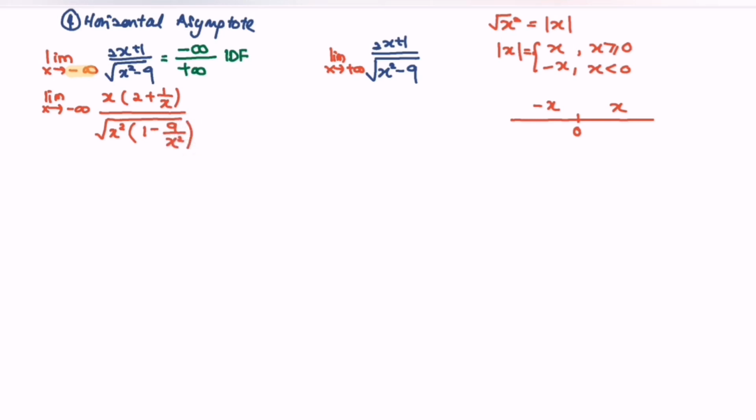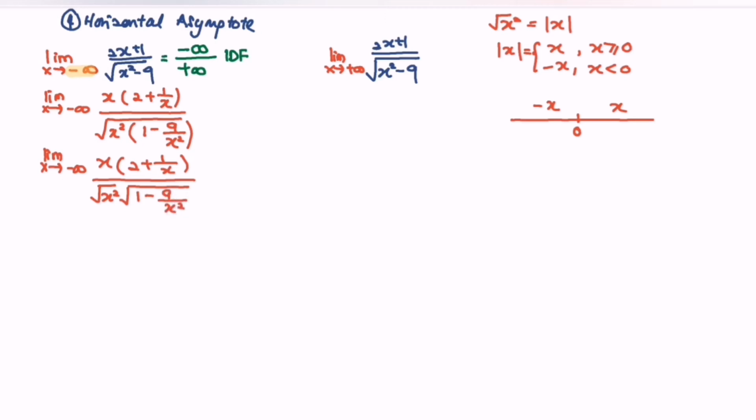By using the properties of the surd, we are going to split the surd. So limit when x approaching negative infinity over square root of x squared, square root of 1 minus 9 over x squared.